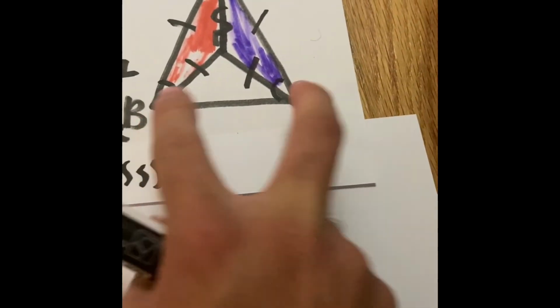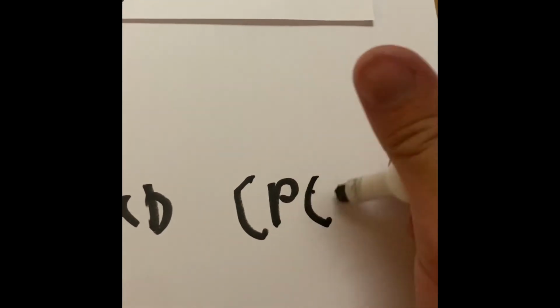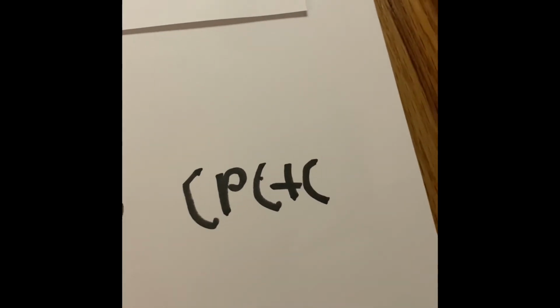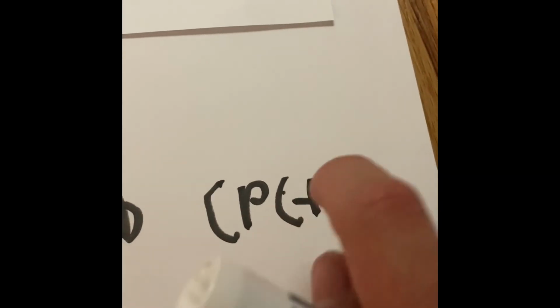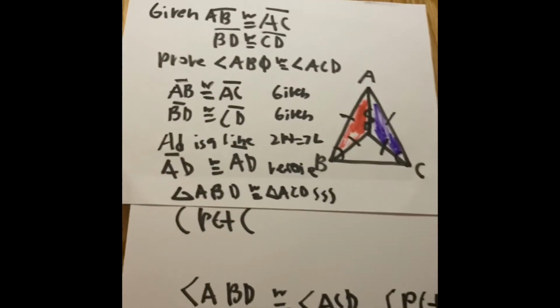These two are now congruent because we've proven that there are two congruent triangles, and all the parts that make them up are also congruent. So that's why it's called corresponding parts of congruent triangles are congruent. There we go. We've now proven this.